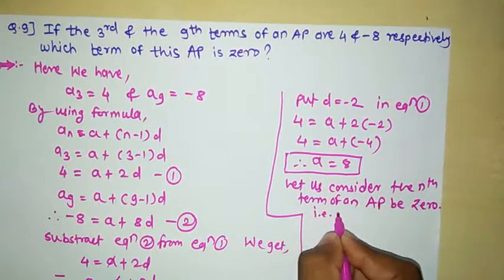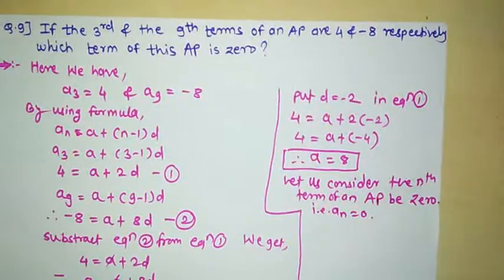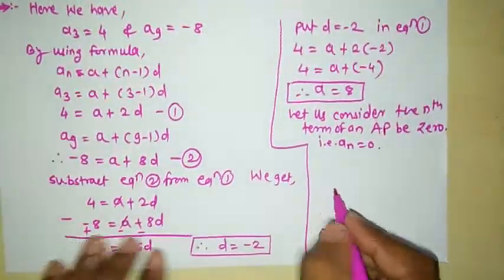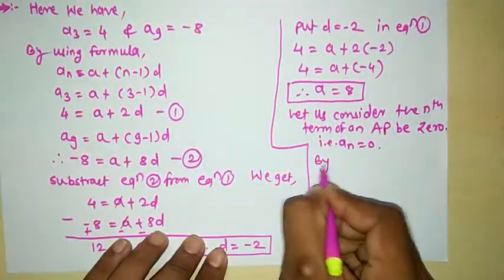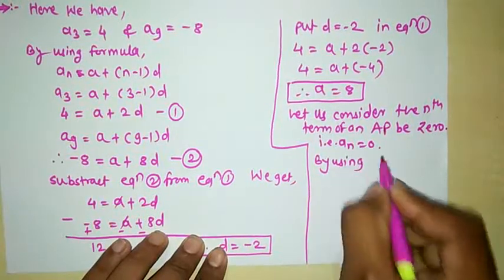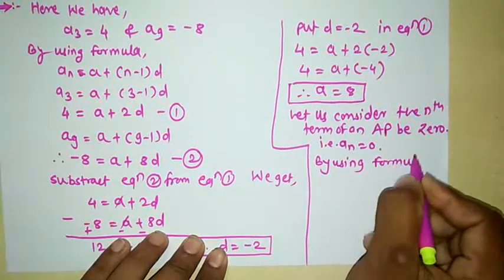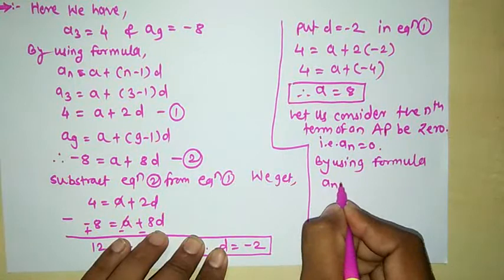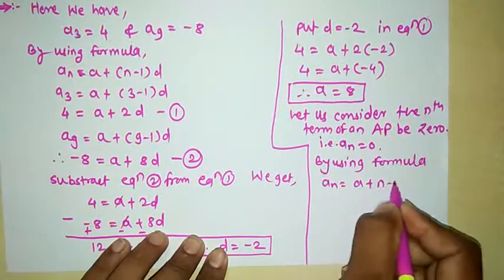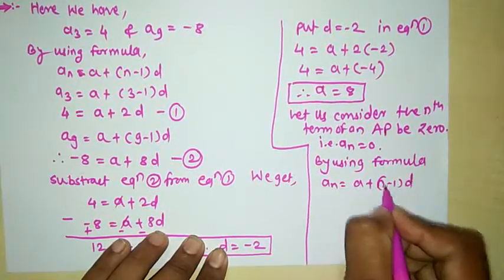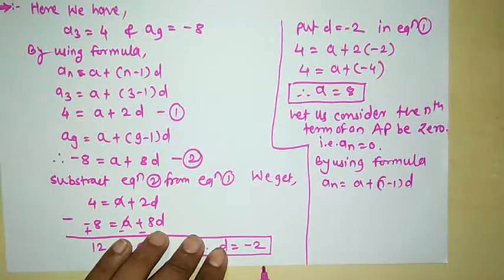That is, an is equal to 0. By using the formula, an is equal to a plus n minus 1 into d.